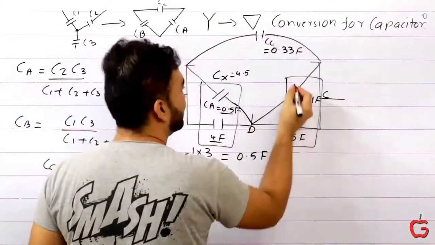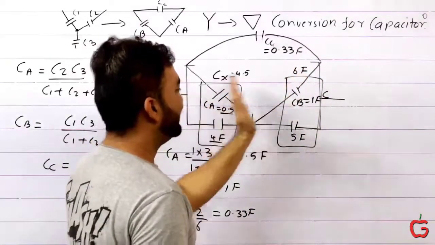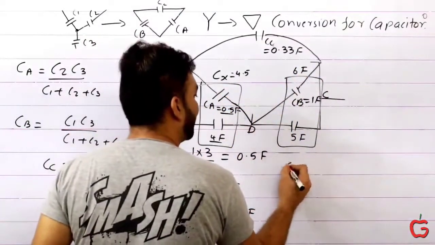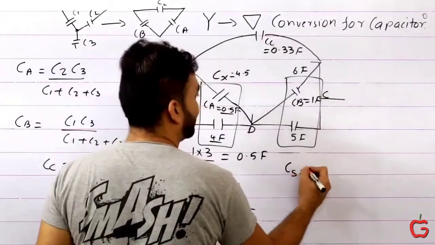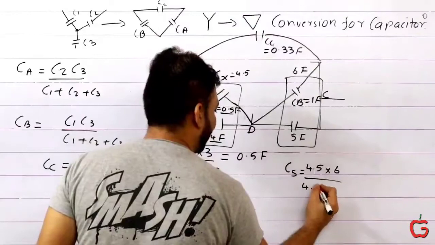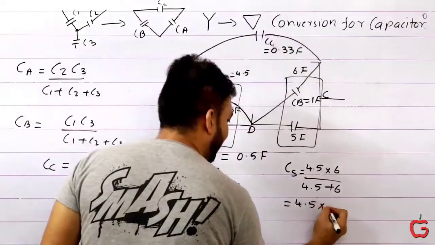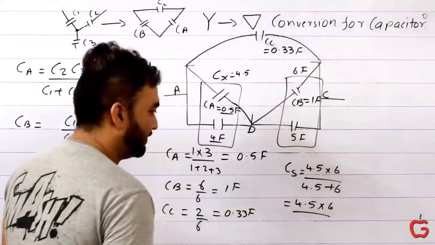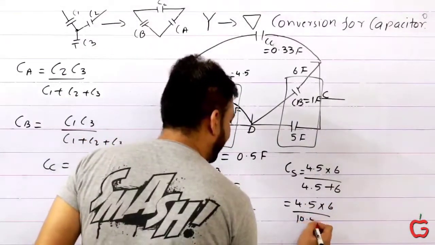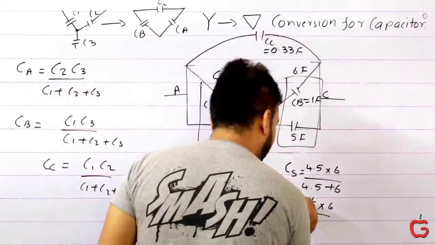This becomes 6 farad. Now 4.5 and 6 are in series. So our series becomes 4.5 times 6 divided by 4.5 plus 6. So this is 4.5 into 6 divided by 10.5. Yeah, so we might cancel them. So 5, 1, 5, 10.